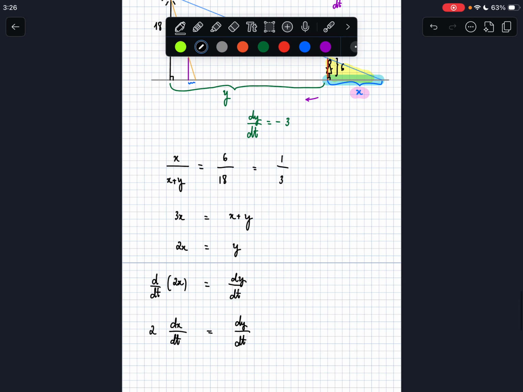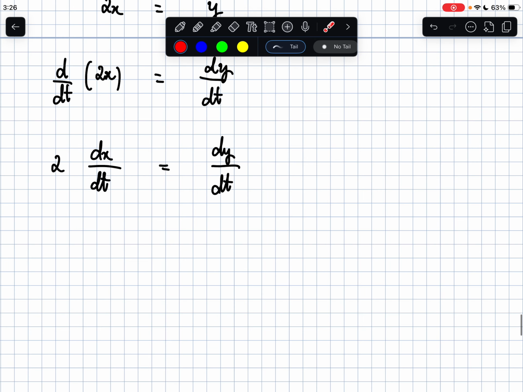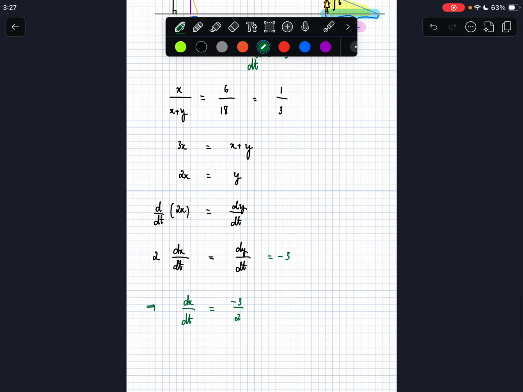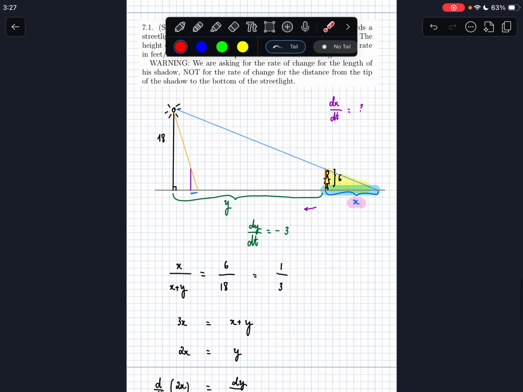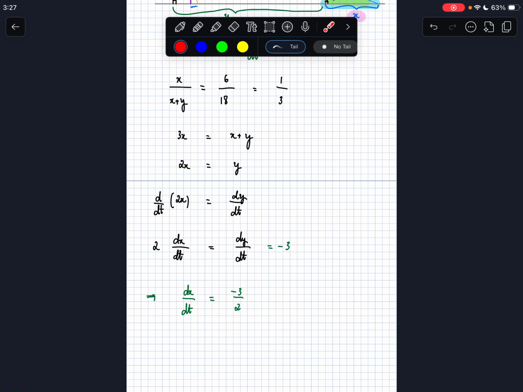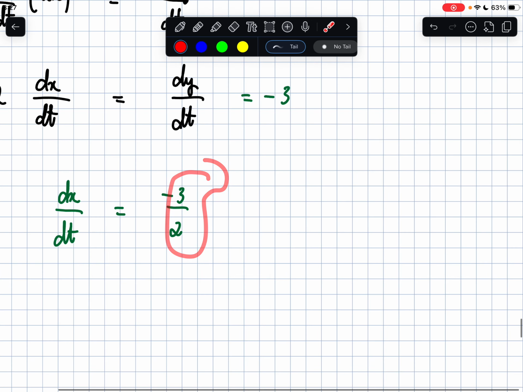Now dy over dt is given to us, minus 3. So we know that this is minus 3, and therefore dx over dt is minus 3 over 2. So this means that the shadow is shortened at the rate, we are doing shortening, so we know that it shortens 3 over 2 feet per second.